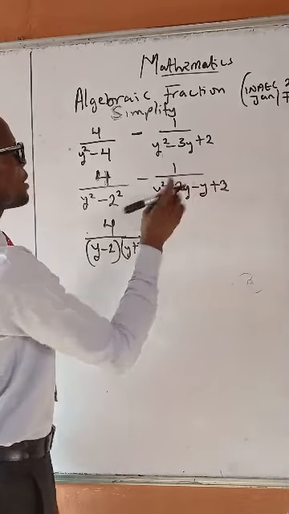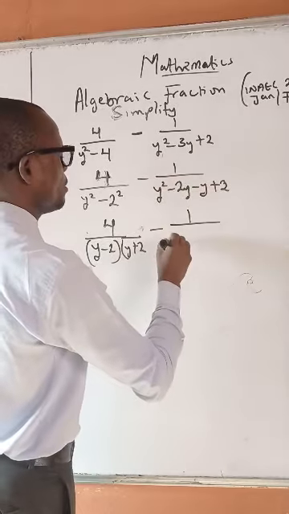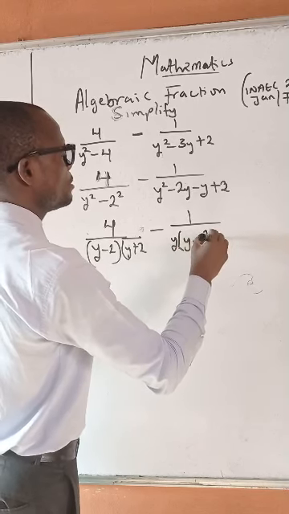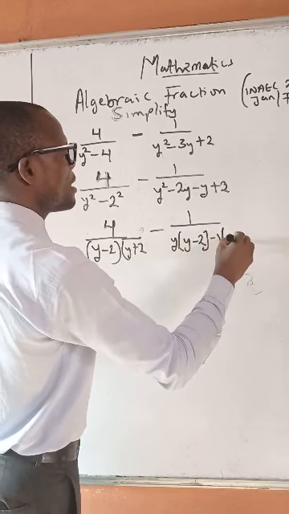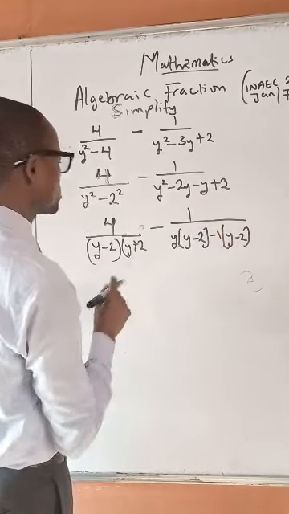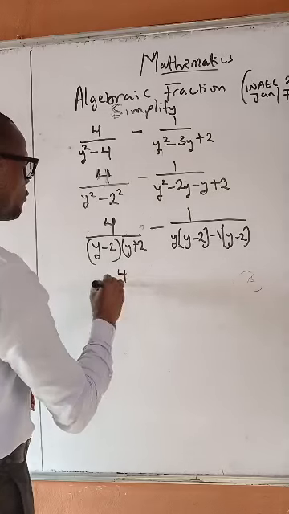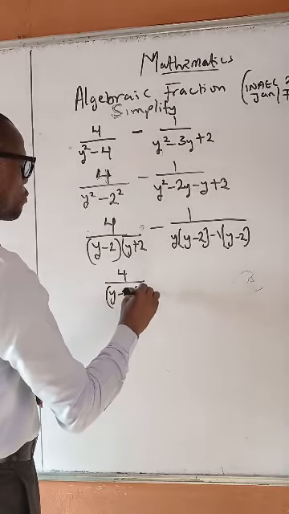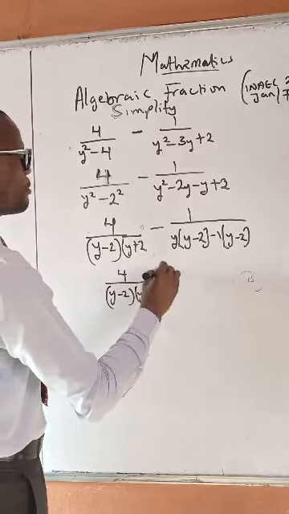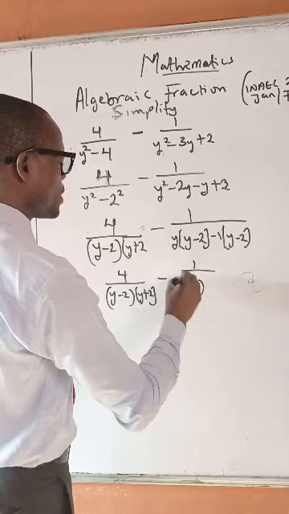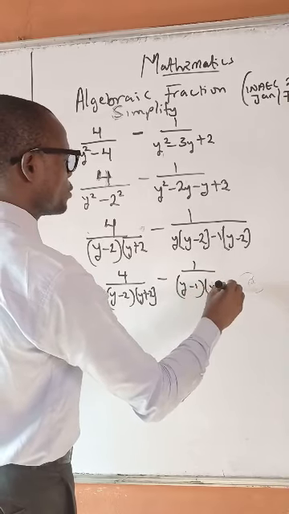Then minus, let's factorize 1 over y into y minus 2. Then minus 1 into y minus 2. Don't forget, minus times minus will give you your plus. Now from there, we have 4 over y minus 2 into y plus 2, minus 1 over y minus 1 then into y minus 2.